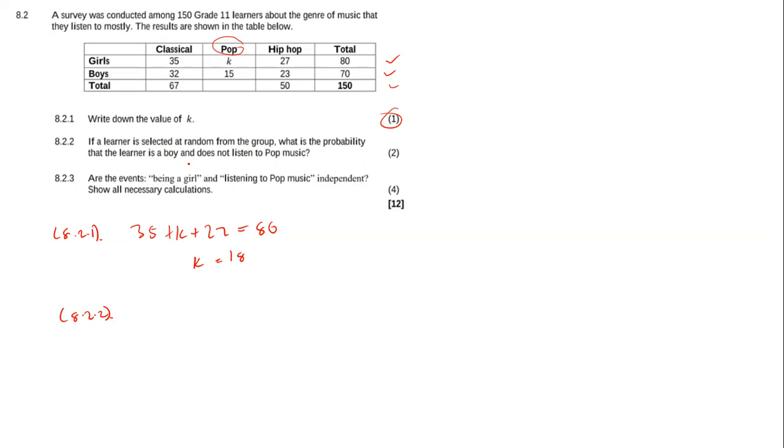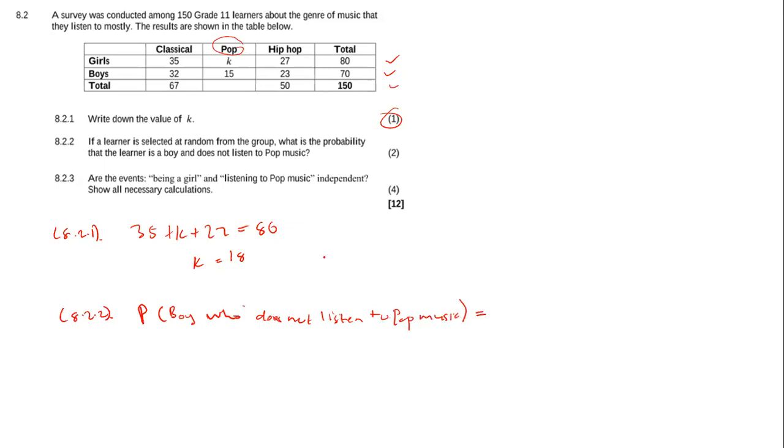So for 8.2.2, we want to determine the probability of choosing a boy who does not listen to pop music.